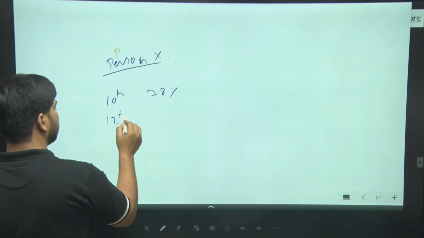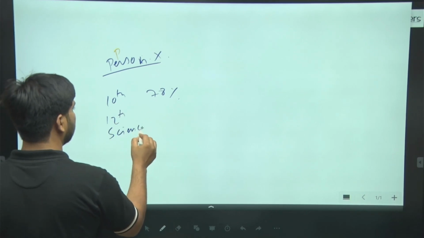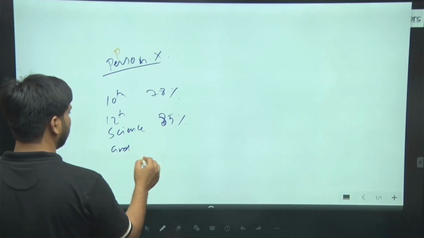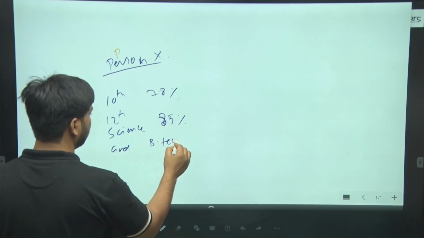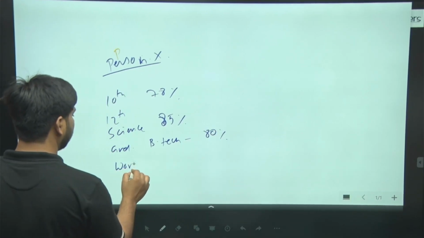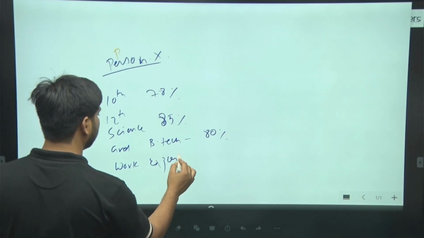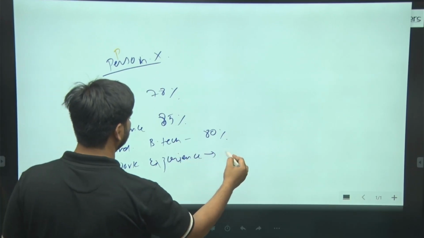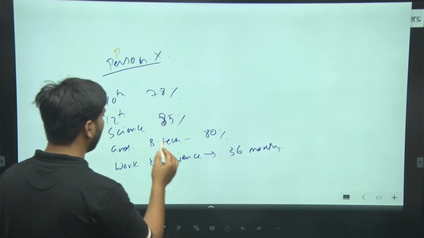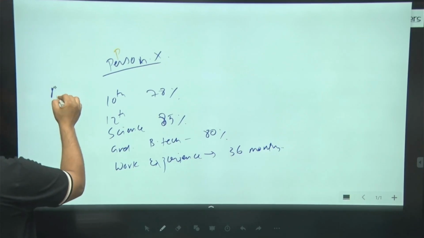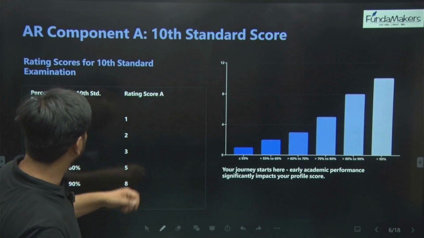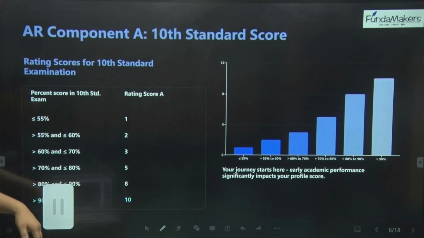In 12th, science stream, he got 85% marks. And in graduation, he is a BTech and he has somewhere around 80% marks. And then work experience, say this person has work experience at a multinational company of 36 months, 3 years of work ex. So how do I calculate the application rating score as per IIM Ahmedabad? I'll calculate it live and tell you. You can also calculate it.